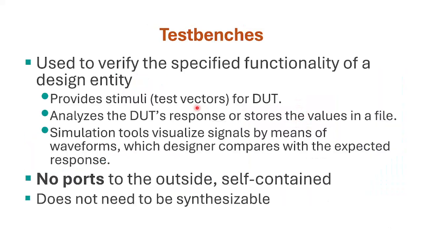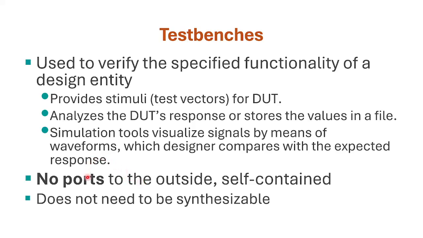So test benches are really useful during the debugging and development of our design entities, and we use them to verify that the functionality, the behavior of our design entities, is what we intended through our architecture descriptions. A test bench, as we'll see shortly in examples, is declared just like a regular design entity.